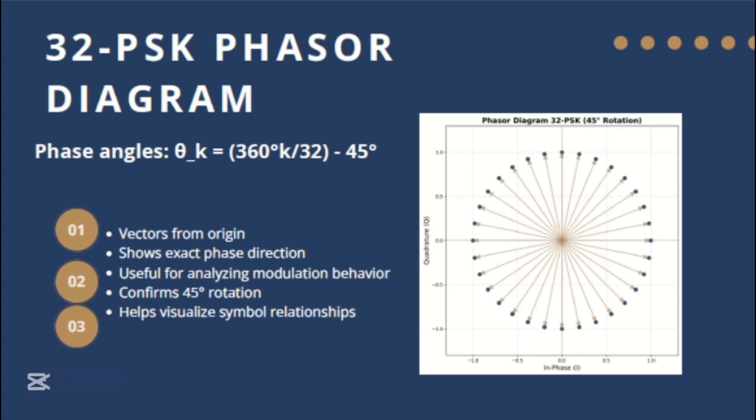This is the phasor diagram for 32 PSK. A phasor diagram shows vectors from the origin to each symbol point. This representation has several advantages. First, the vectors from the origin show the magnitude and direction of each symbol.